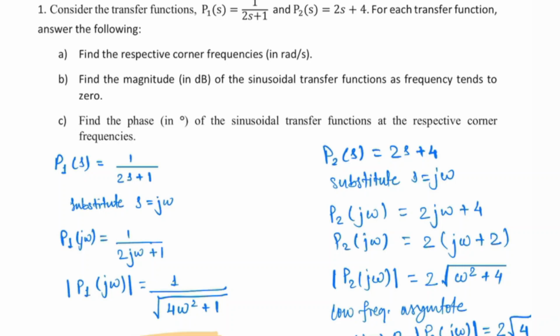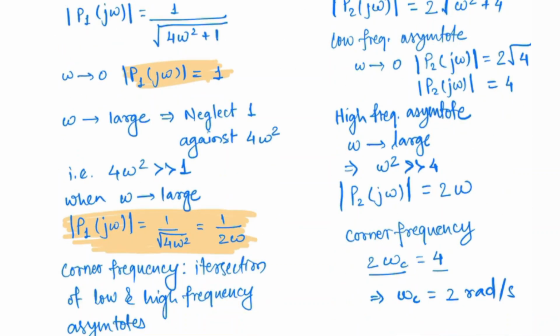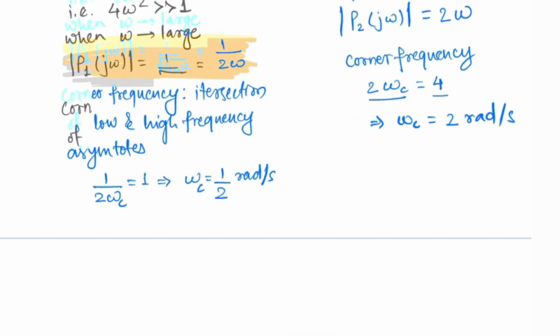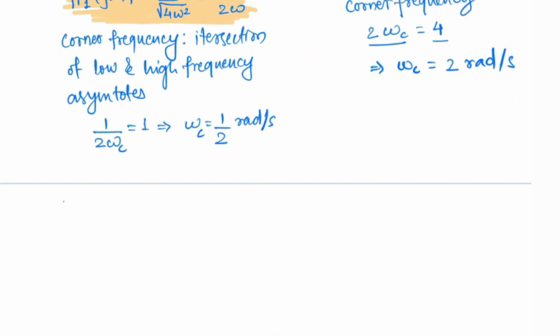So we have found the corner frequencies in both the cases. Now we want to find the magnitude in decibel as omega tends to 0. So magnitude, B part.